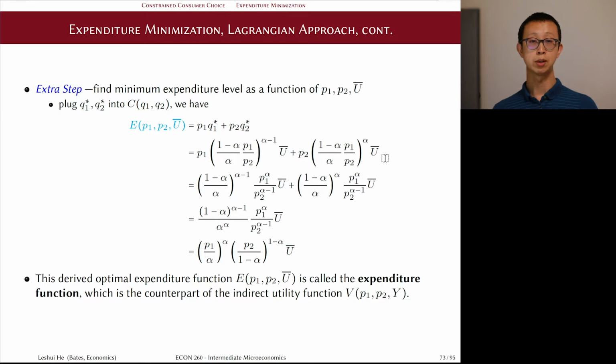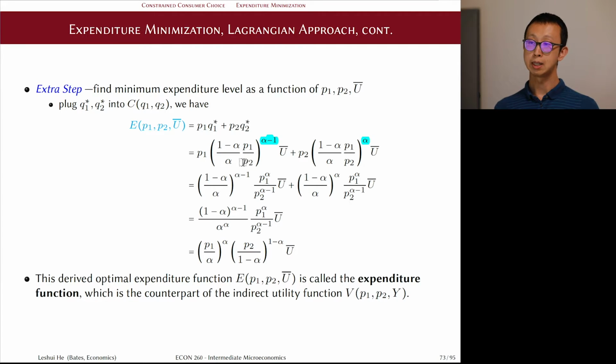As for the algebra going to the simplification from the second line towards the end, what I did from the second line to the third line is that I distributed the powers of alpha minus 1 and the power of alpha into these expressions because I want to combine P1 here with P1 here and combine P2 here with P2 here. In particular, I'm treating this ratio of 1 minus alpha over alpha as a combined term.